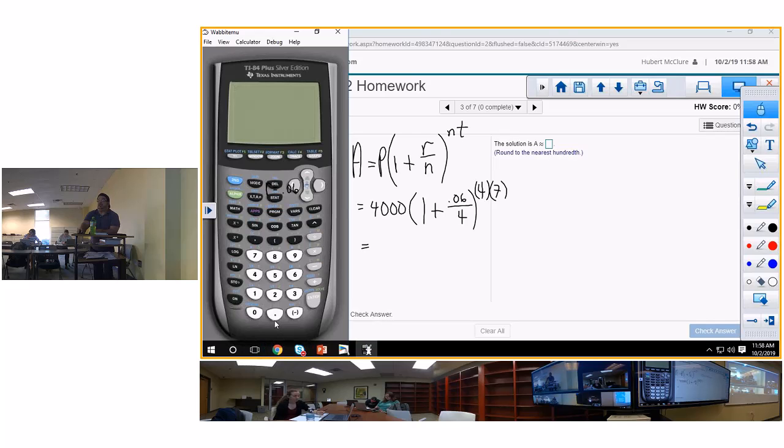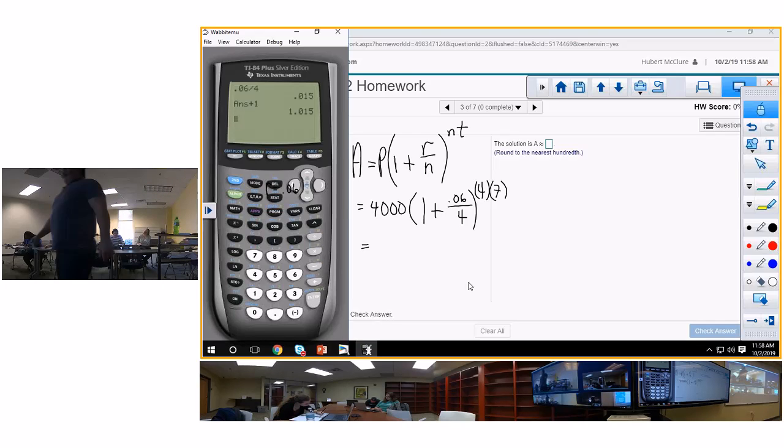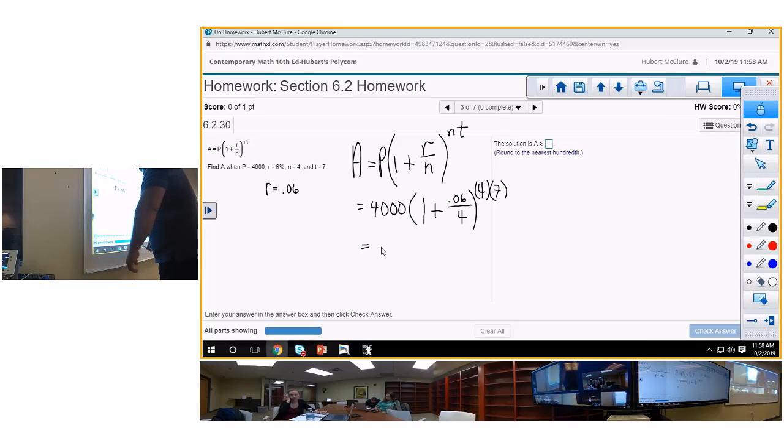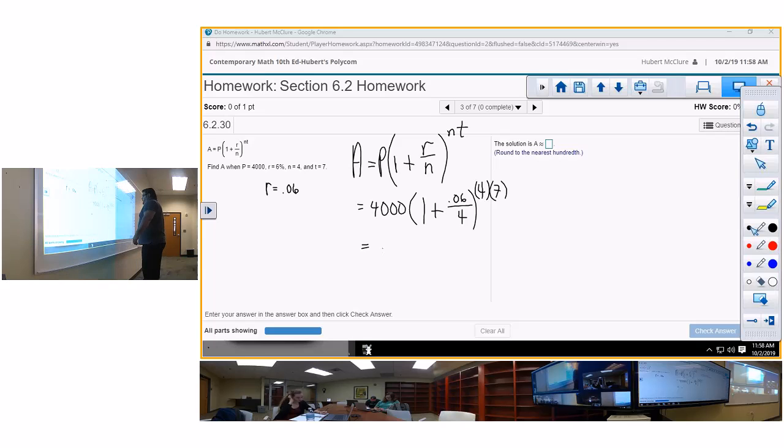Now notice I'm doing the inside first. 0.06 divided by 4 plus 1, and that's the inside of the parentheses. So I'm going to write that down. Now a lot of you are saying, why are you writing that down? Because this is where students get in trouble. For some reason, they don't know how to type this in. So I'm doing it bit by bit.